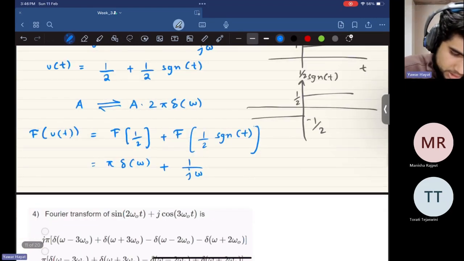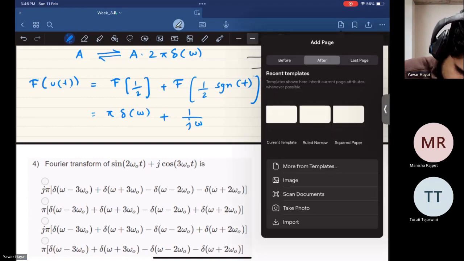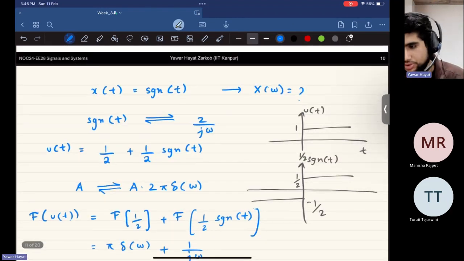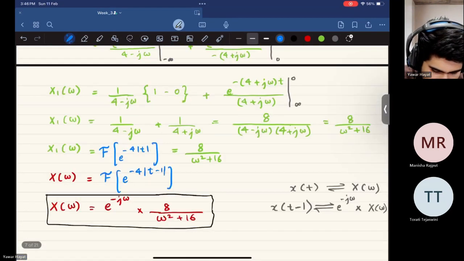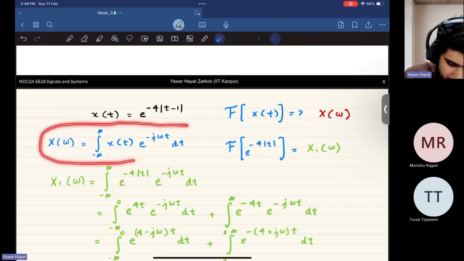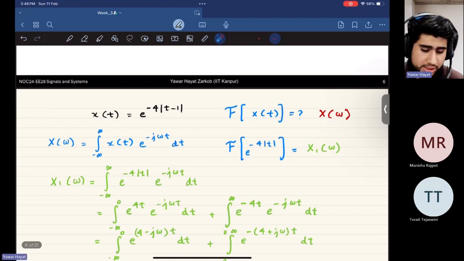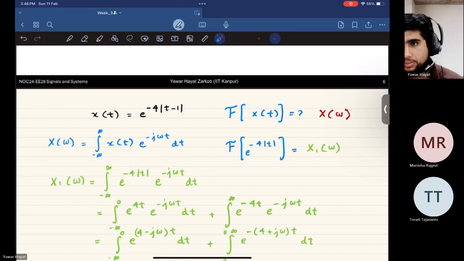Okay, let me show you an alternative way of doing this. Would anyone tell me why I did not use the original definition? In a question before, I used this definition. Can I use this to evaluate the Fourier transform of u of t? In other words, can I replace x of t by u of t? My claim is that I cannot.